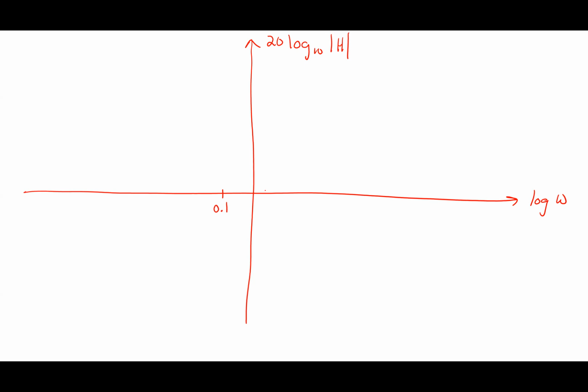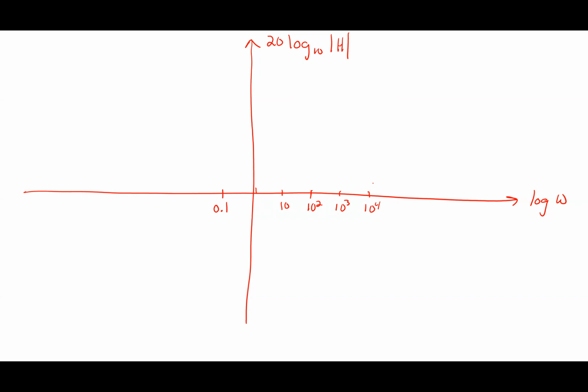What goes at the origin of this graph? 1. Omega equal to 1. And then the same distance away is 10. What's at the second mark? Mark number 2, 100. Mark number 3, it's 1,000. Mark number 4, it's 10,000. Again, we don't pay too much attention to what's going on down there.